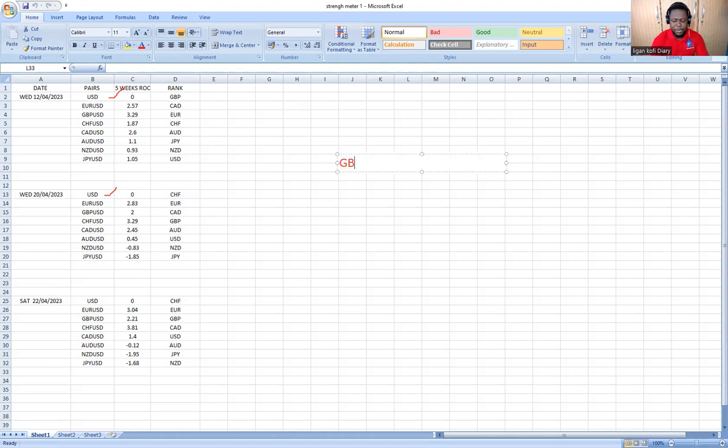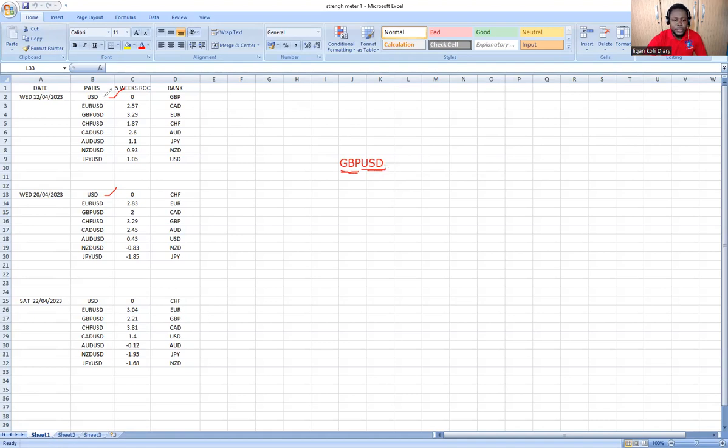If we have GBP USD as a currency pair, the GBP here is the base currency, and the USD here is the quote currency.